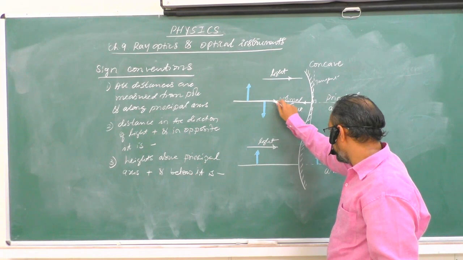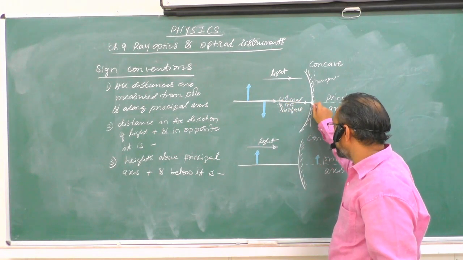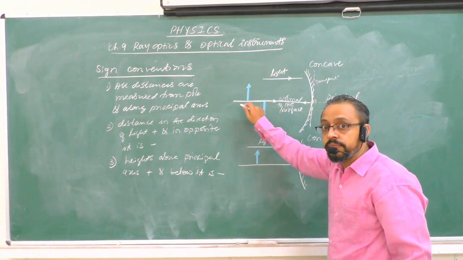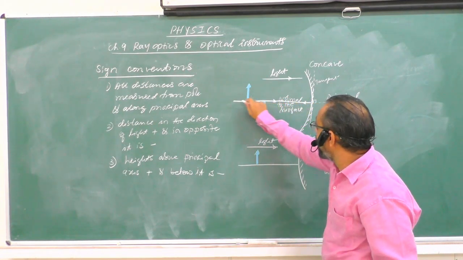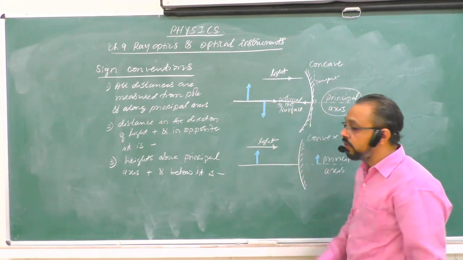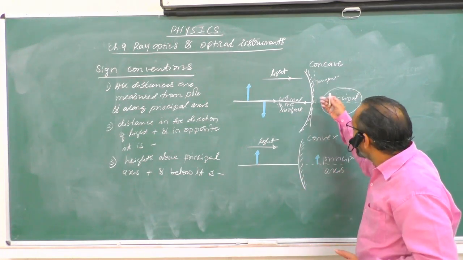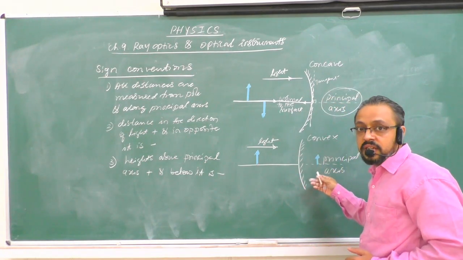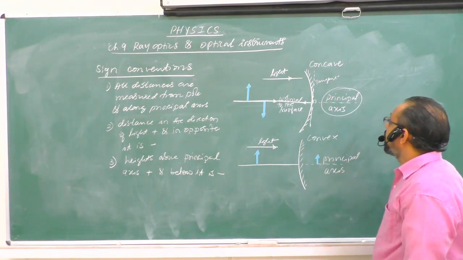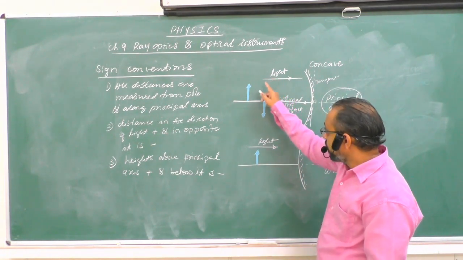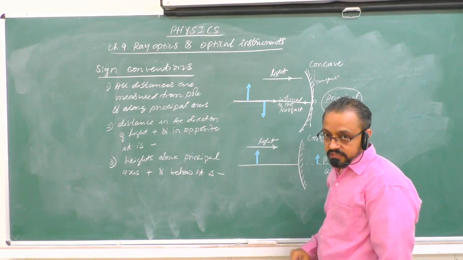The light ray comes along this line, hits the mirror and goes back along the same direction. Such a line we usually call the principal axis, and this axis exists in both concave as well as convex mirrors.